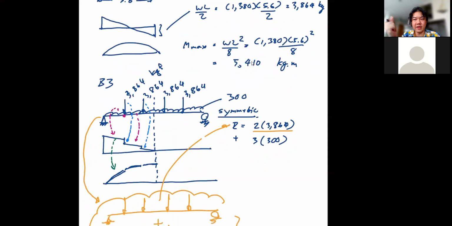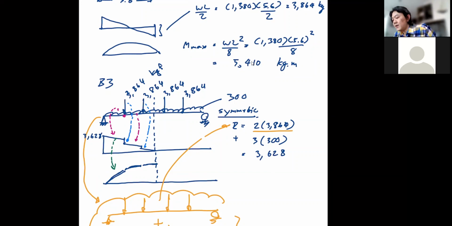If you plan ahead and see the big picture, it's like a piece of cake. So Vmax, the exact number, is 3628. Okay, so that's the number that we will begin our shear force diagram.